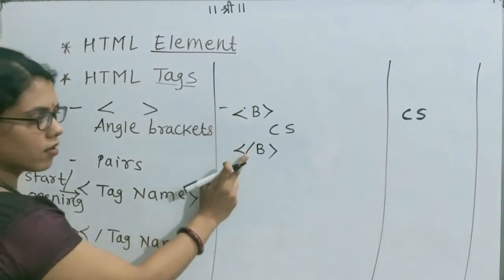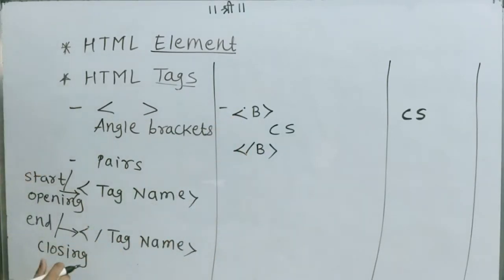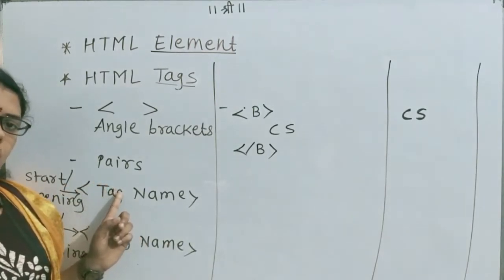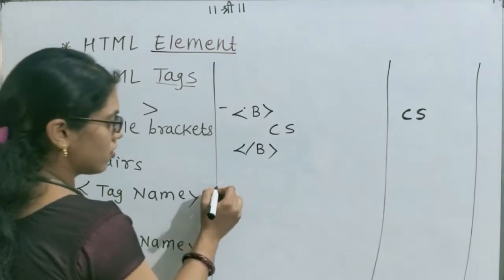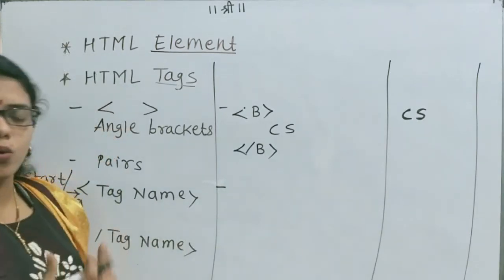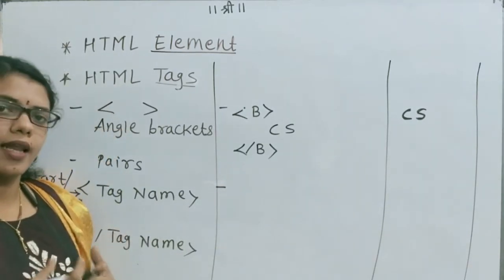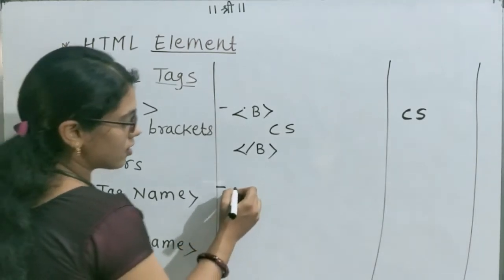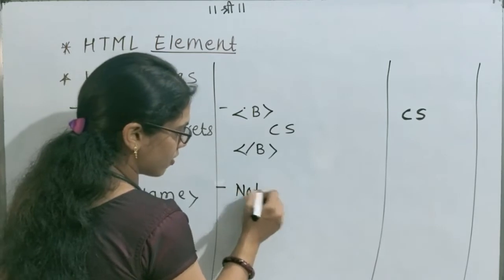Start tag, end tag. Second concept, when two tags are present, first the start tag and second the end tag, there is no rule related to character sensitivity, because HTML is not case sensitive.